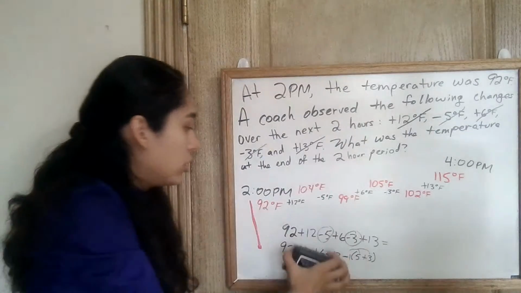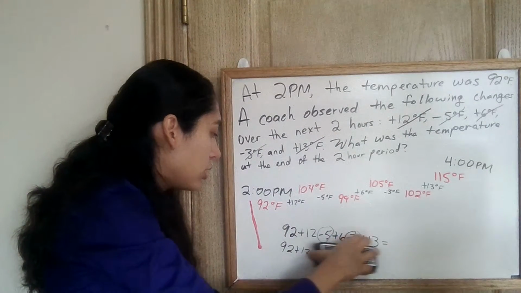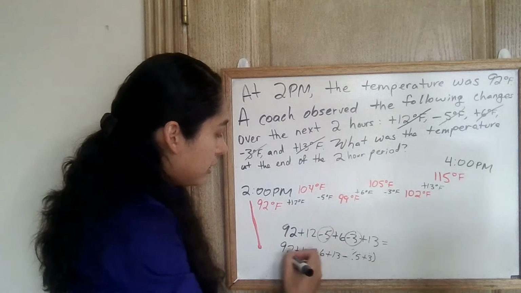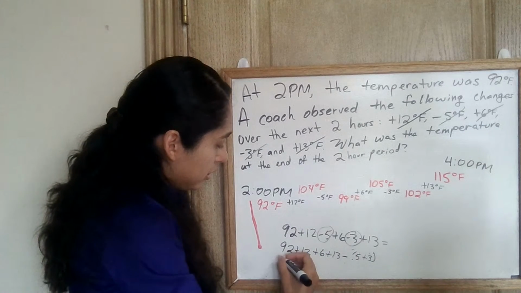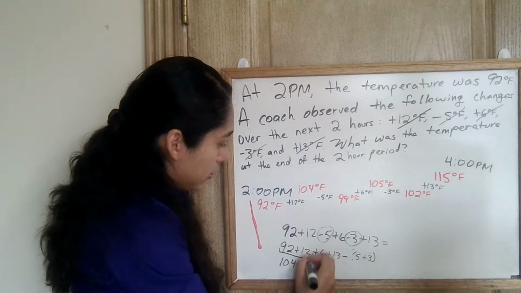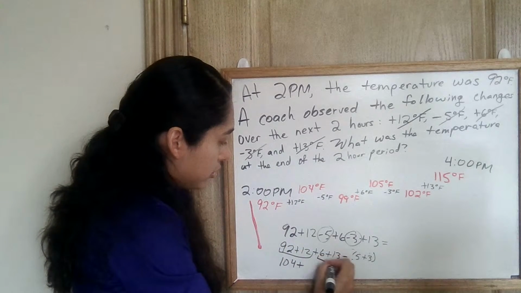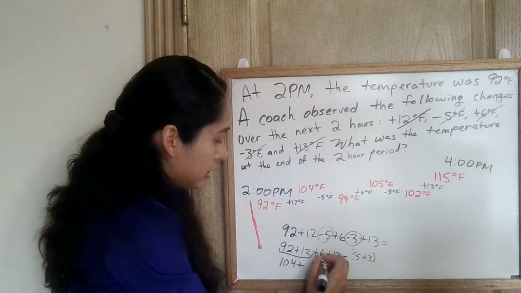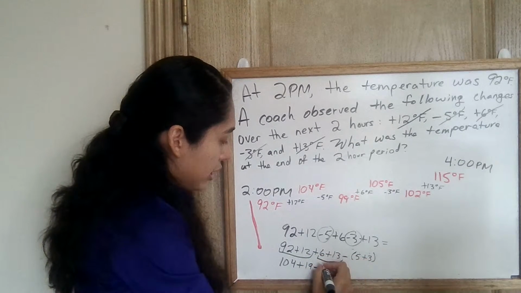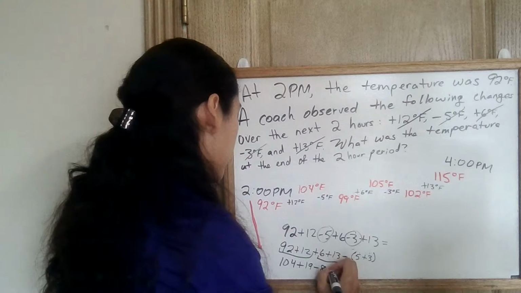So let's just write it like that. So 92 plus 12 is the same as 104. Okay, 6 plus 13 is the same thing as 19. And minus 8. Okay, much easier.